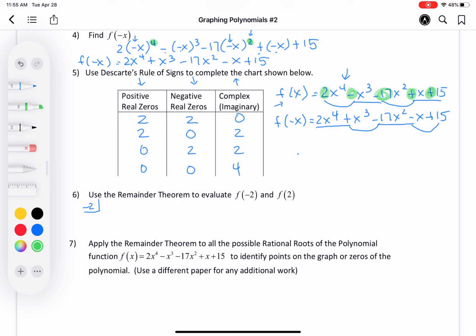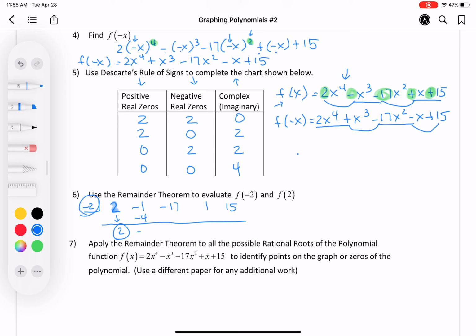Okay, so those are my coefficients that I'm going to use. All right, so let's do the synthetic division to evaluate. Bring down the 2. Then I do 2 times negative 2, negative 4.